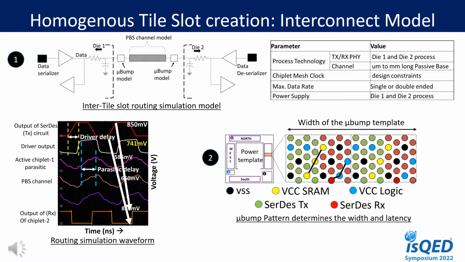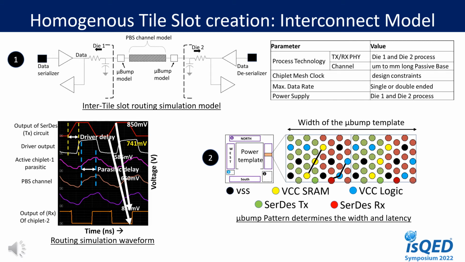For example, figure 1 shows here a simulation model which we built, wherein we incorporate the IO drivers, serializer, TX and RX from the two dies or the two chiplets, die 1 and die 2 in this case, and we insert the PBS channel or the routing model along with the micro bumps in this overall simulation model.